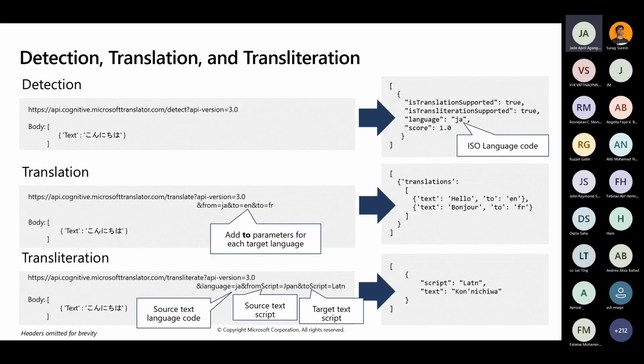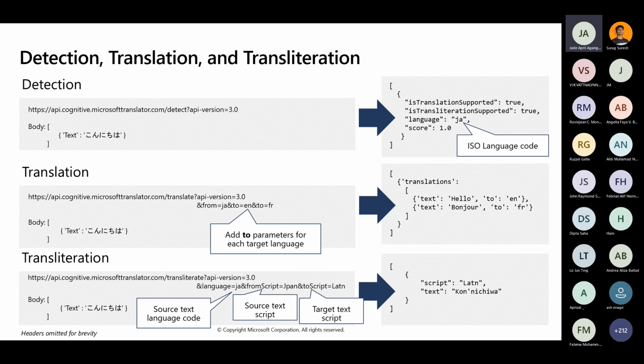This is just an example of how detection, translation, and transliteration is being done. It detects the language. I could see this is in Japanese characters. When it detects the characters, it's going to translate. Maybe it's going to add some parameters for each target language. Then after it detects and translates, it's going to do a transliteration.